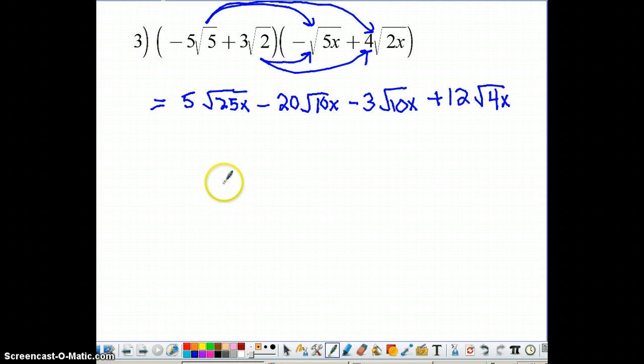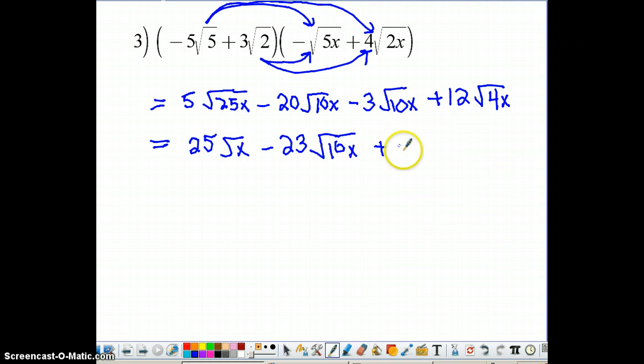Alright, so let's simplify our radicals and see if we can combine any like radicals. Right here, square root of 25 is 5, so we can multiply that by the 5 that's already out there. So that's 25 root x. These two we can combine together into negative 23 root 10x. And then plus, the square root of 4 is 2, so we can multiply 12 times 2 and get 24 root x.